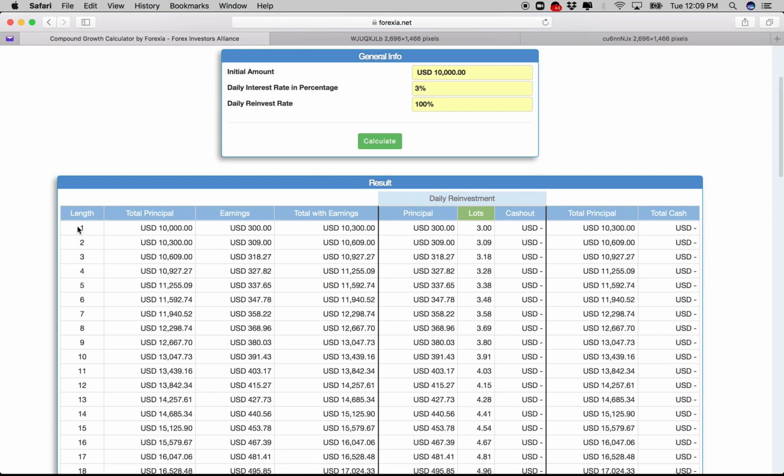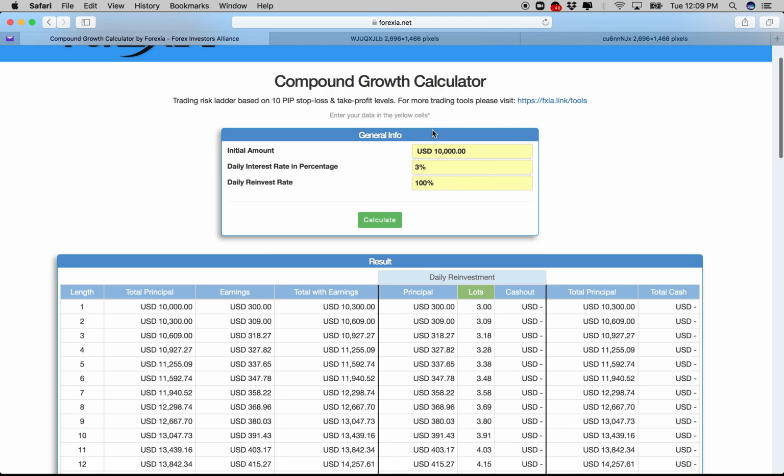We can literally jump from 1 to 10 in one trade. And let me show you guys how this is done. So, we're still going to be risking this same amount, 3%. However, we're going to have a 10 pip stop loss and a 100 pip take profit level.